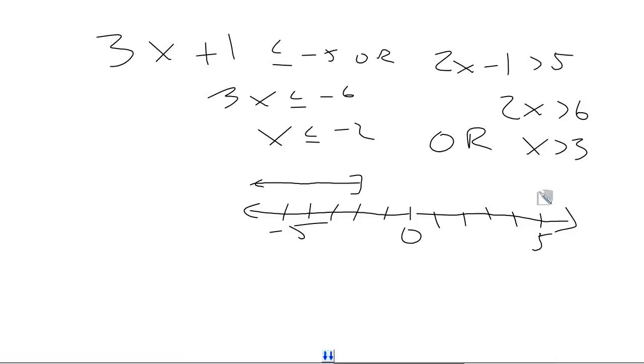Those are all the numbers less than or equal to -2. All the numbers greater than 3, that's a parenthesis going in this direction. Those are all of the numbers that satisfy one or the other. It's basically two disjoint intervals unioned together. I'm unioning these together, so I have to take the interval from -infinity to -2 with a bracket, and then union that with the interval from 3 to infinity.